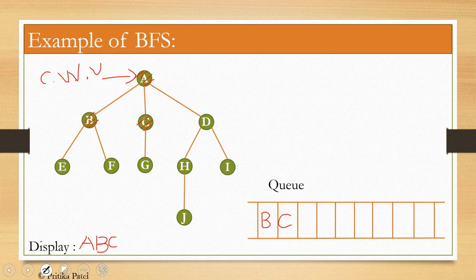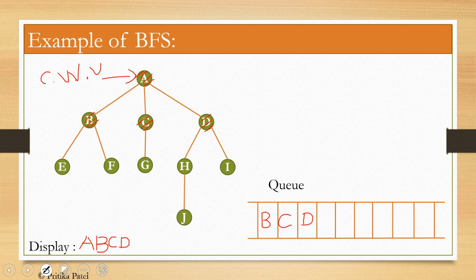Now again check rule number 2. Does the currently working vertex have an adjacent unvisited vertex? Yes, there is D which is unvisited. So visit it and mark it as visited, then insert it in the queue. So D is inserted into the queue, then displayed. D is displayed here, right?